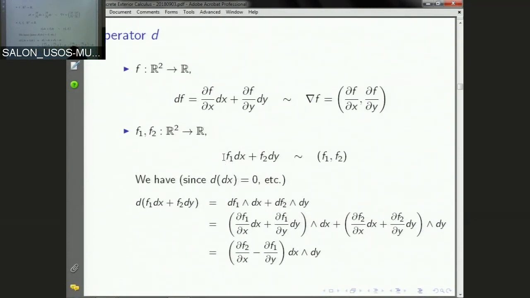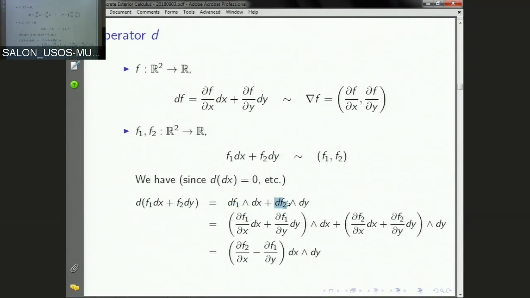Now, if I have a general one form, like this one, which, as I mentioned, is related to a vector by a metric, we can define, or necessarily need to define, the differential of such a one form by this rule. Let's say, take the differential of the first function, f1, wedge dx, because it accompanies dx, and take the differential of f2 wedge dy, because it accompanies dy.